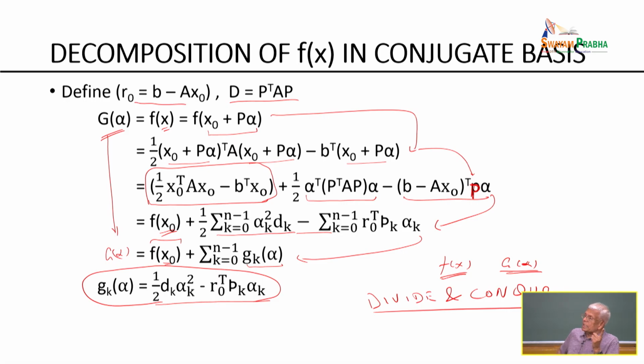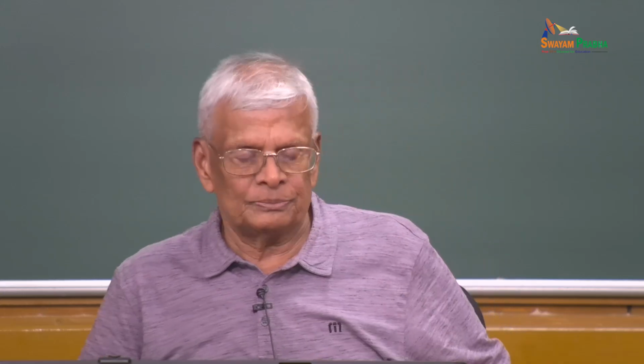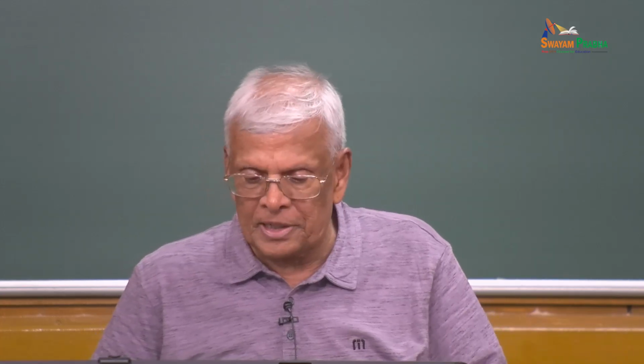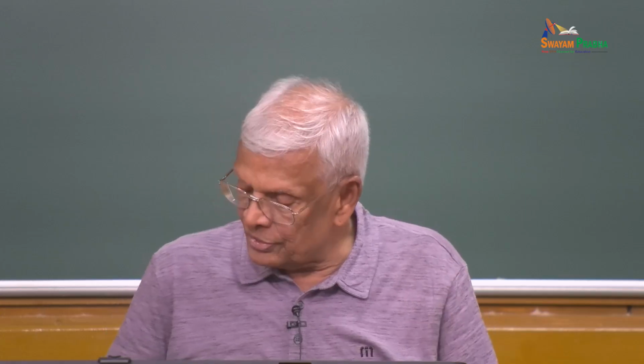Please understand, in the case of the gradient method, we divided the n dimensional minimization problem into a sequence of one dimensional minimization problems. Here, I am representing an n dimensional function as a sum of n independent one dimensional functions, each one along the linearly independent direction given by the conjugate vectors.